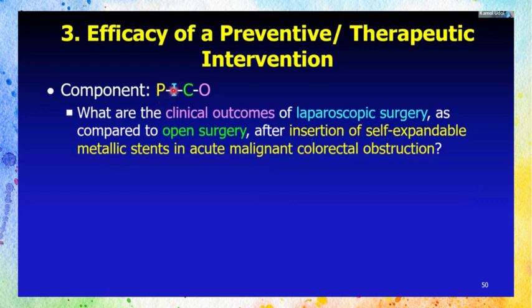Intervention, the new treatment, laparoscopic surgery versus control, the old one, open surgery. Regarding the outcome, clinical outcomes, it is not specified here what clinical outcomes mean. It still needs more details, what outcomes the researcher is interested in. But here I use it just as the example of a research question in this group. Efficacy of laparoscopic surgery compared to open surgery in this population.